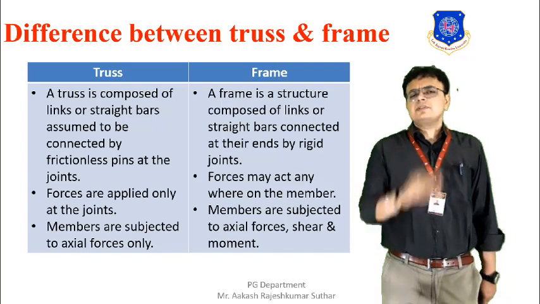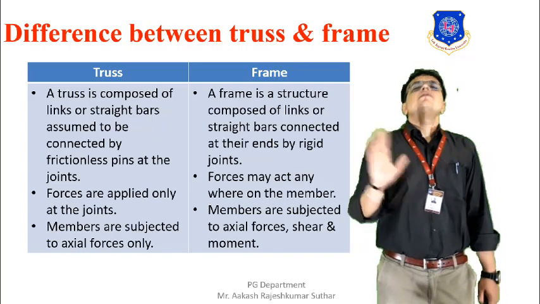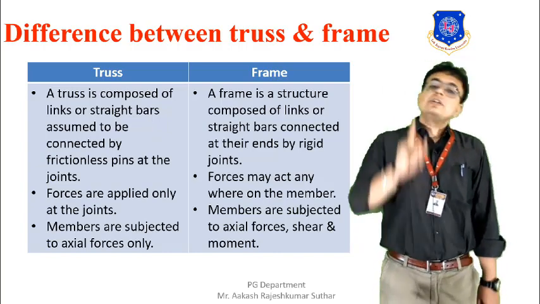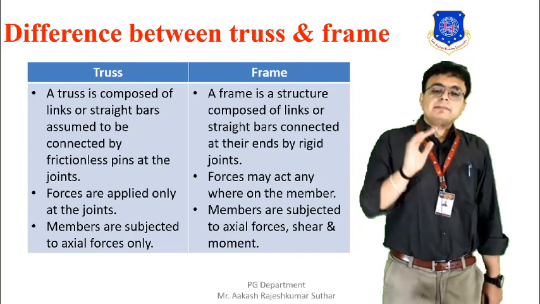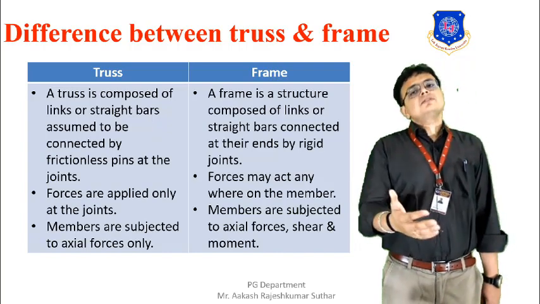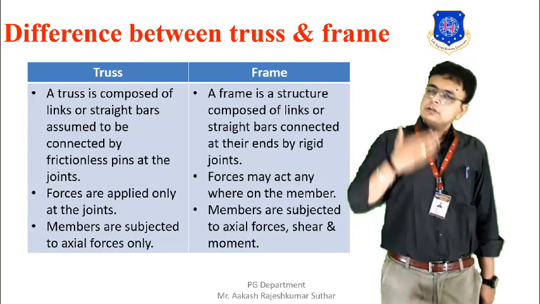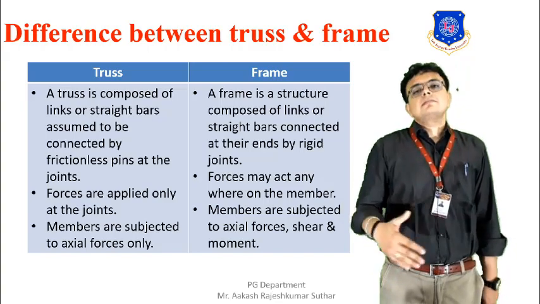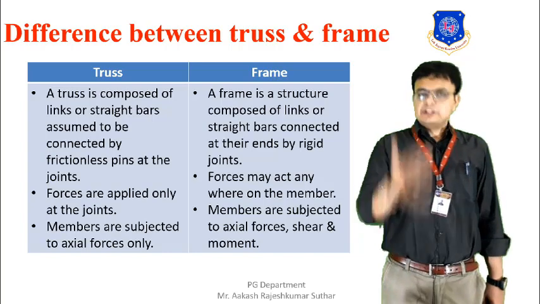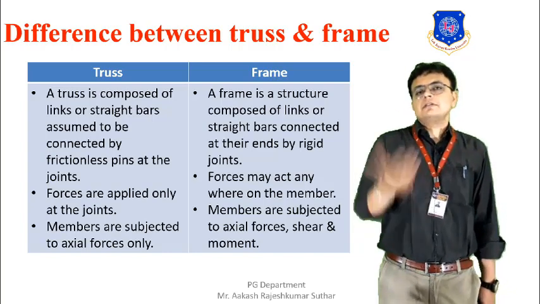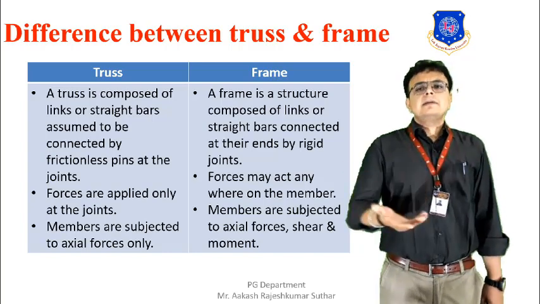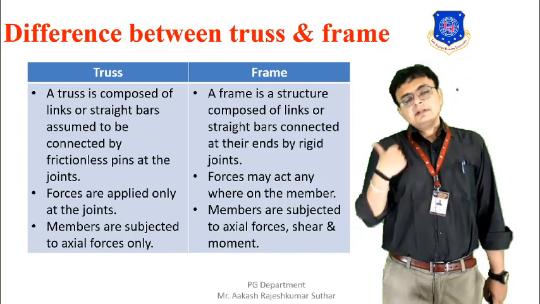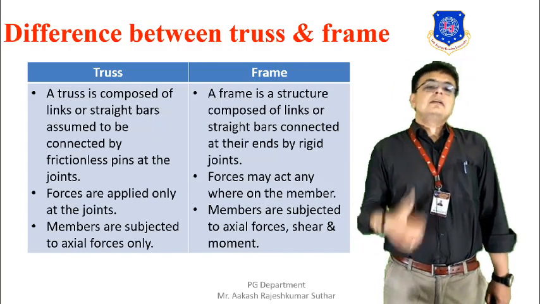But in a frame, the members are subjected to axial force, shear force, and moment, because loads act at any section: at the joints, at mid span, at quarter span, at any location. Because of this, moments also take place in the frame.